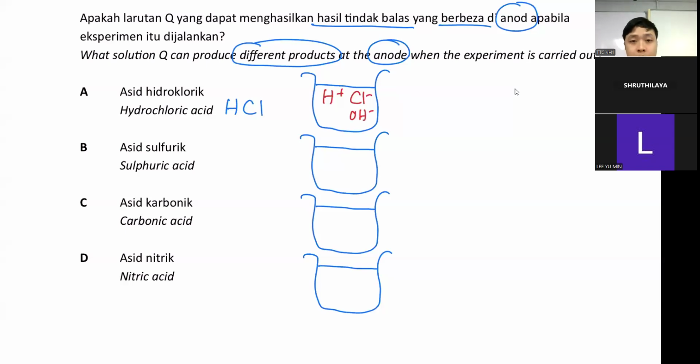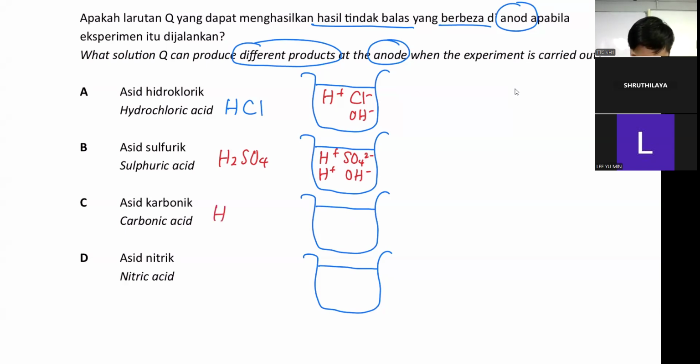B, sulfuric acid. What ions? It produces 2H plus, then you will get sulfate ion and hydroxide ion. Everything has water, because acid must have water to show its acidic properties.